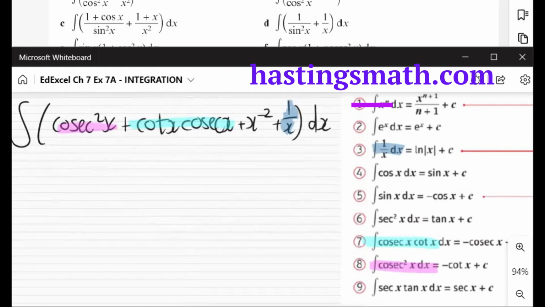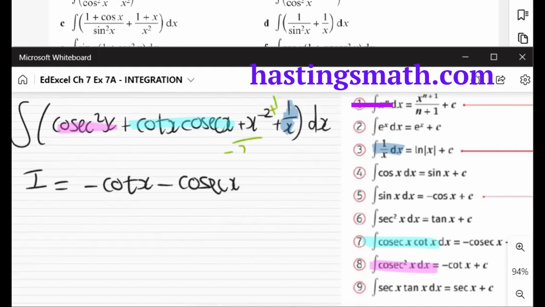Okay, so let's do cosec first. Our integrand is going to be negative cot x. And then the second one is just going to be negative cosec x. X to the power of -2 + 1 over -2 + 1.